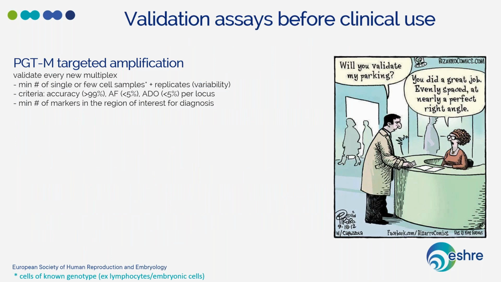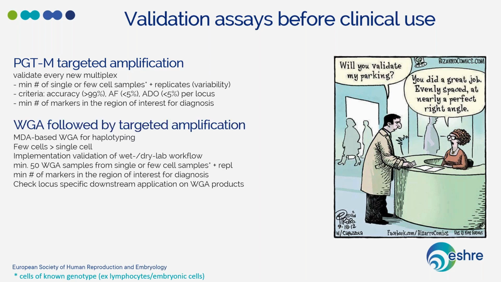The validation assays depend on the strategy for PGT-M. For targeted amplification, a validation is necessary for every new multiplex. The minimum number of samples of known genotype tested, of markers to be used, and the criteria for validation are described. For whole genome amplification strategies followed by targeted amplification, MDA and trophectoderm biopsy are preferred, but other validated approaches are acceptable.